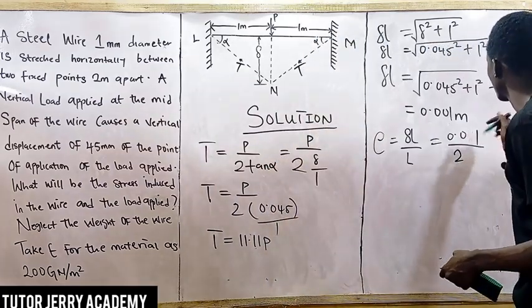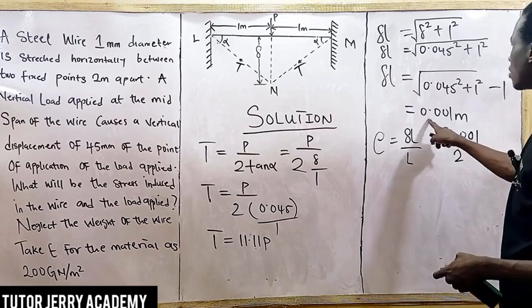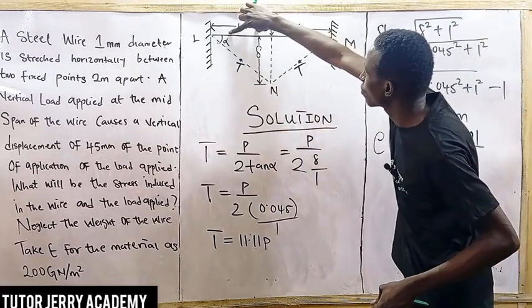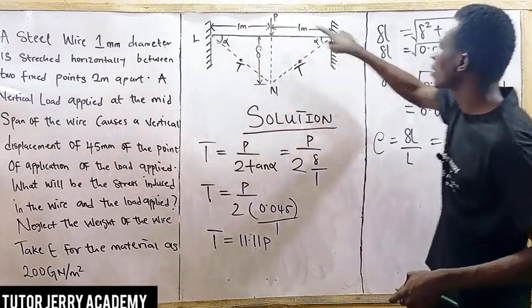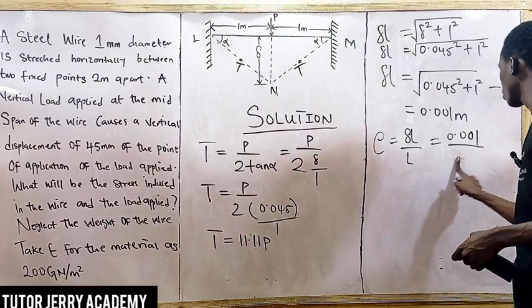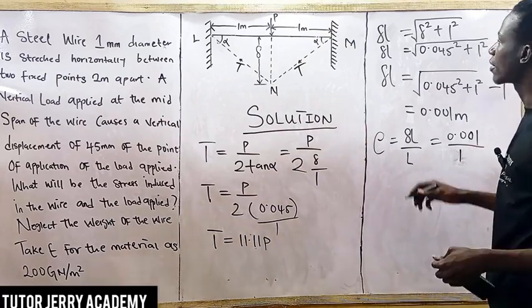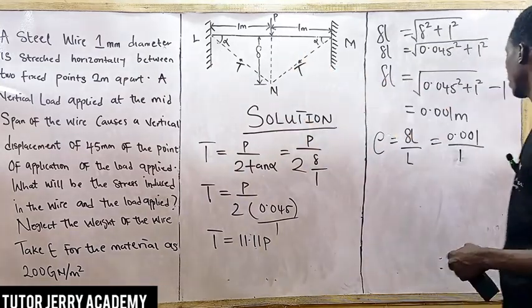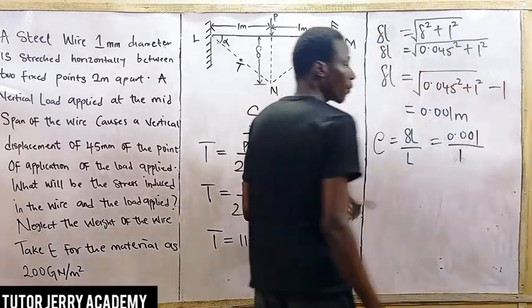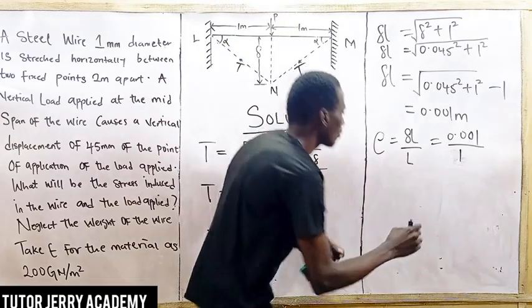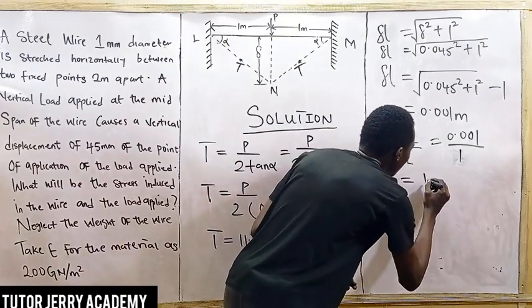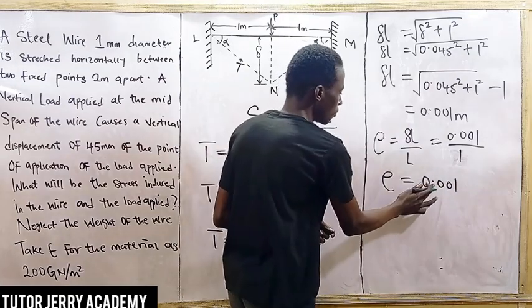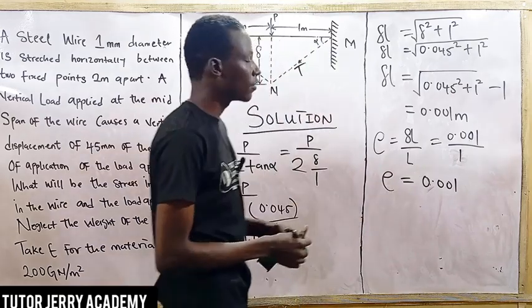You have to note something from here. We are considering just this section, so we are not going to be using the length of the entire span. Here will not be 2, here will be 1. Do not make that mistake. We are considering this span, not the whole span. So 0.001 all over 1 will be equal to 0.001. Of course, strain is dimensionless. So this is our value for strain.